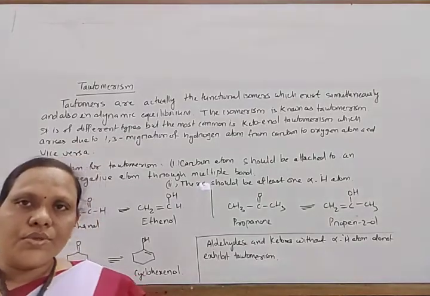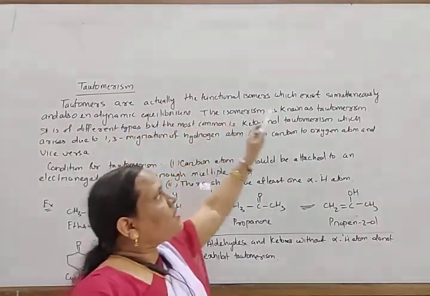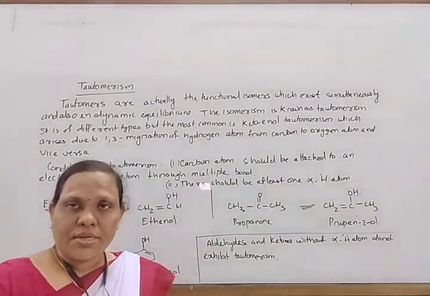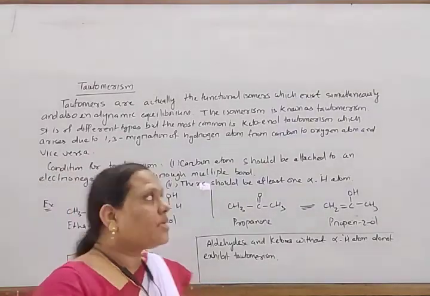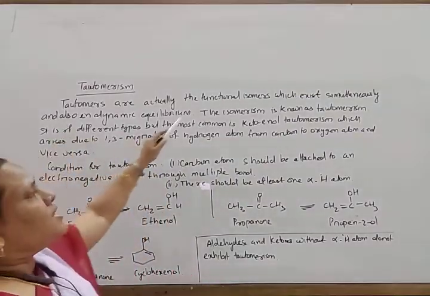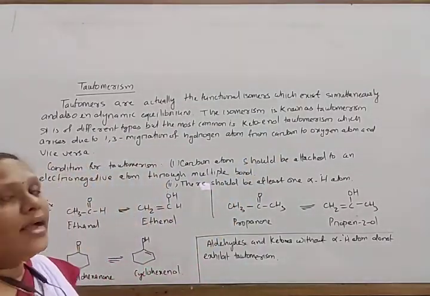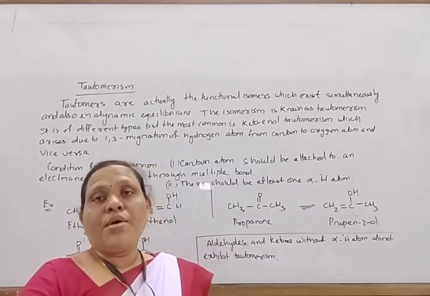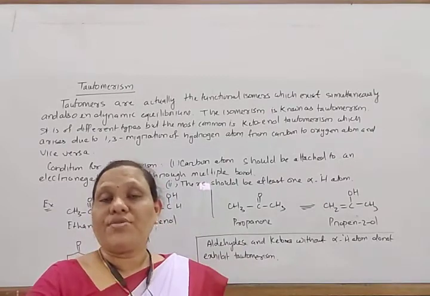Next, coming to tautomerism: tautomers are actually functional isomers which exist simultaneously, remain at a time, and exist in dynamic equilibrium. This isomerism is known as tautomerism, and it is generally possible by the 1,3 migration of a hydrogen atom.